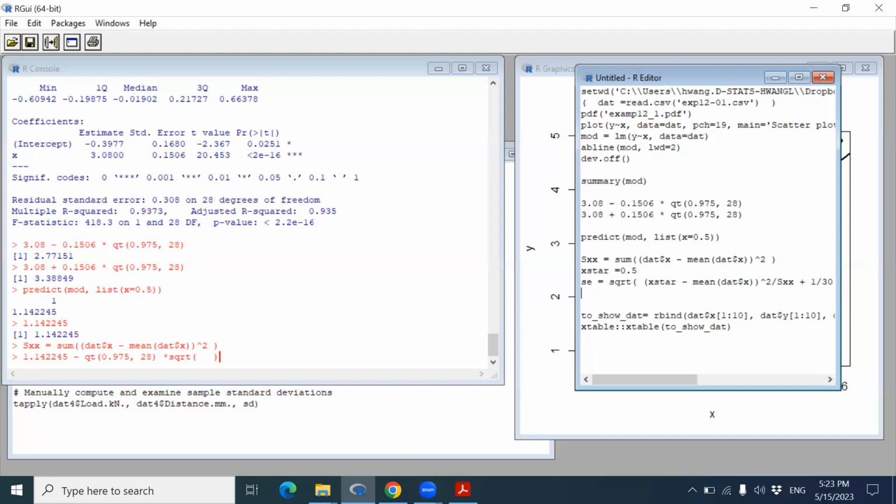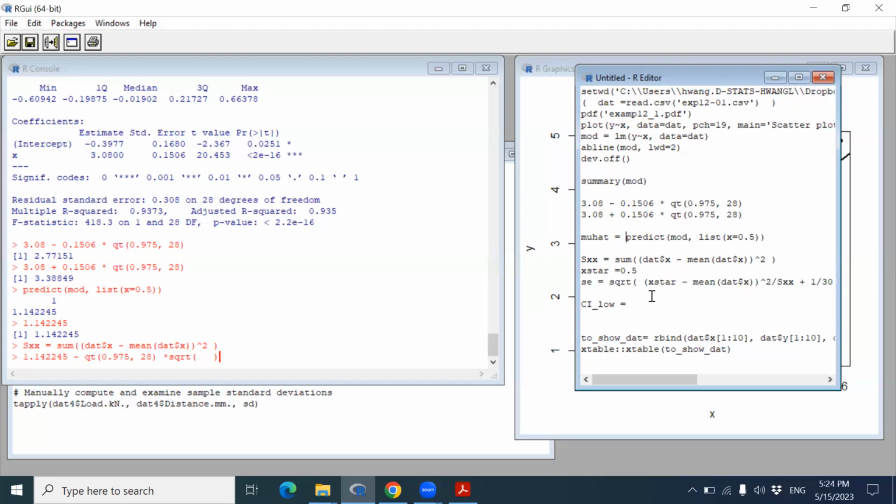And then once I have that, now I'm ready for the confidence interval of mu. The CI of mu is simply equal to two numbers. The lower bound is equal to this predicted value, which I'm going to call mu hat.